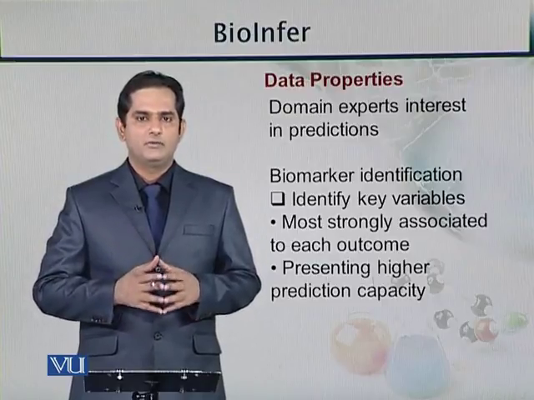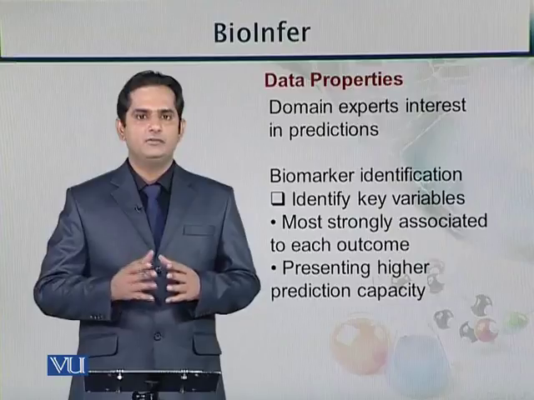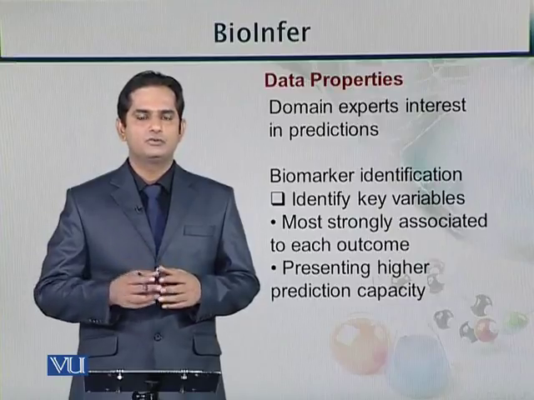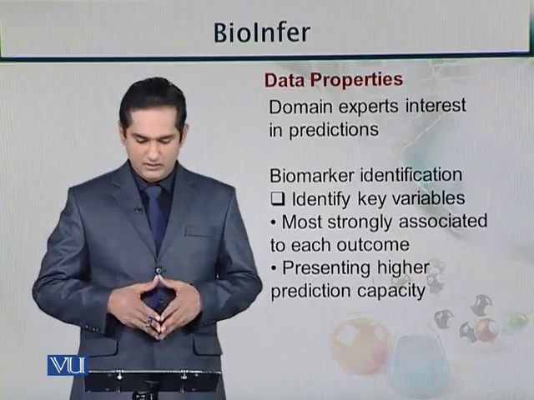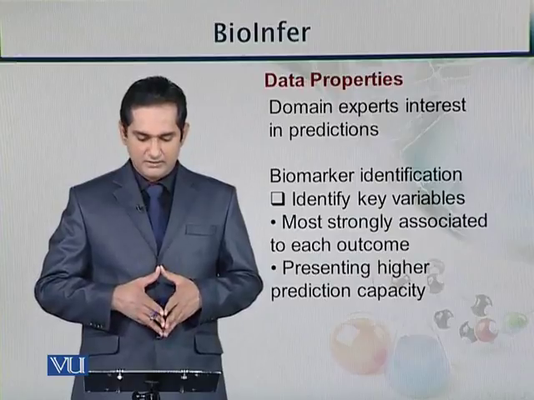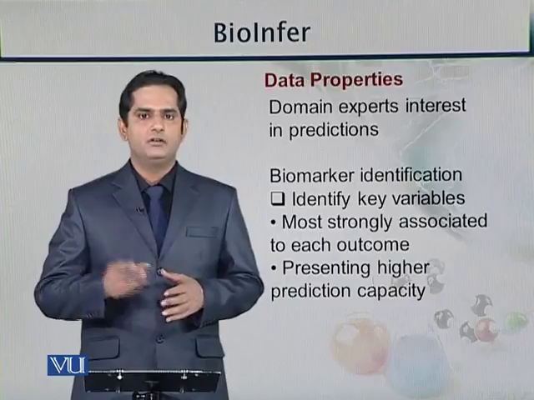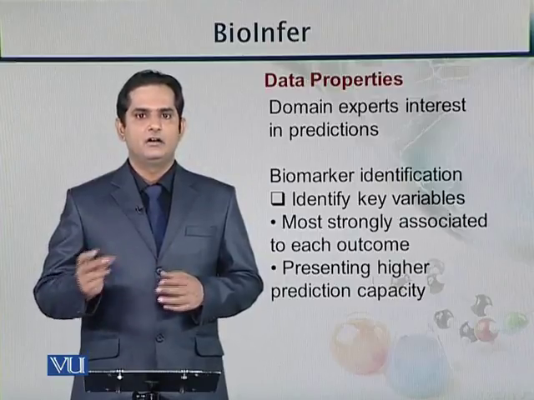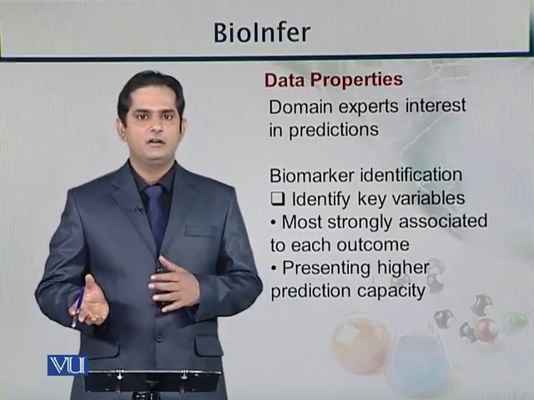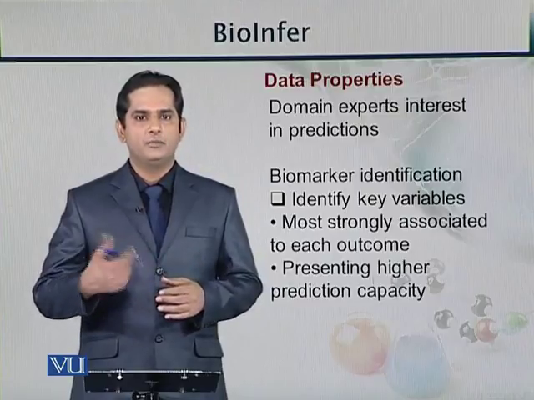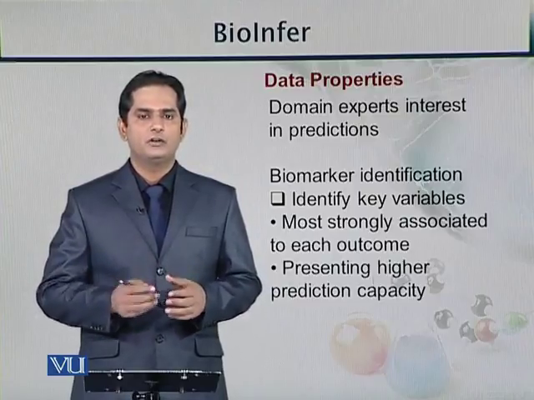Then, related to those key variables, they try to find the most related variables to those key variables, and then they present higher prediction values. Prediction values are related to variables and their conditioned joint parameters, and then they try to predict new values out of those variables.